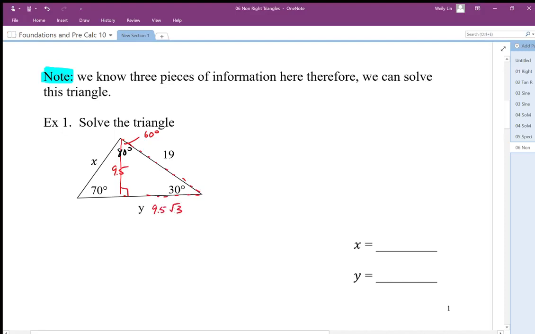The way I can figure this out is I can set up my ratio. Root 3 to 1 is going to be a to 9.5, where I'll call this length a, and then we can solve for that length of a.